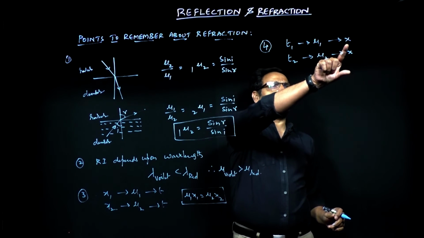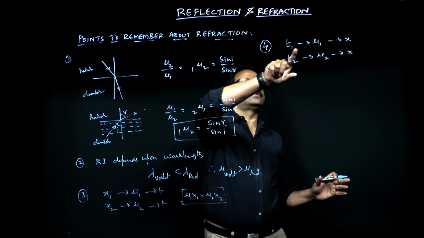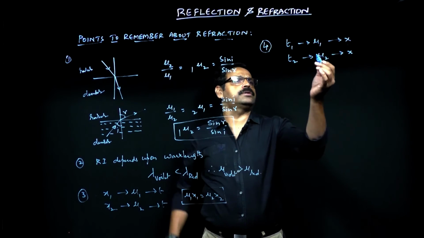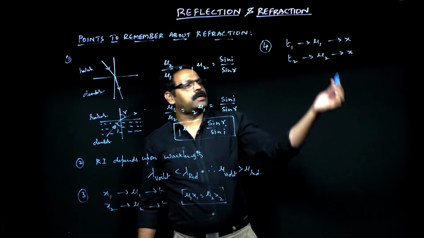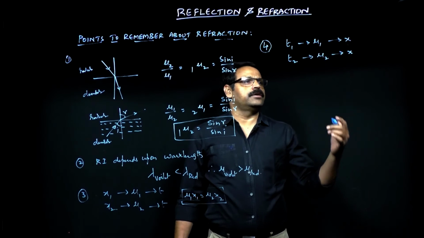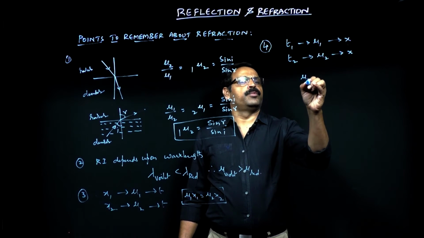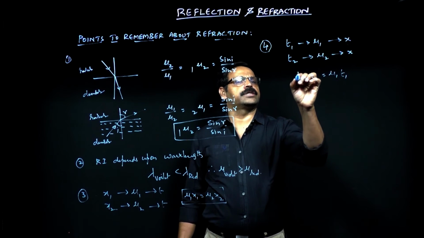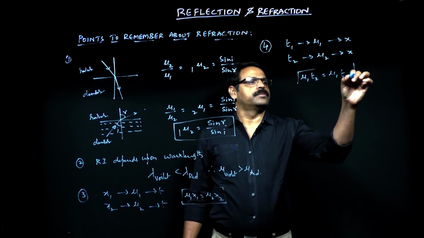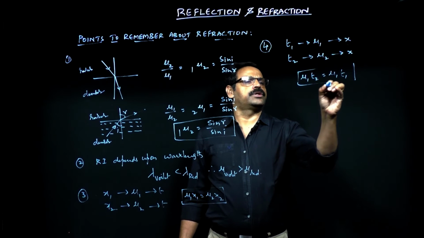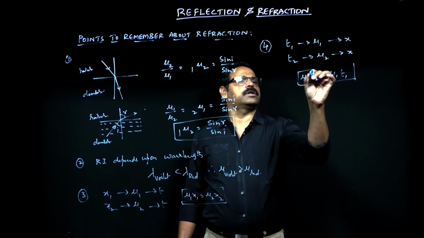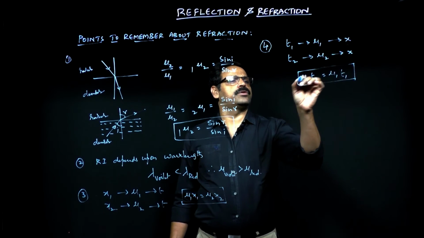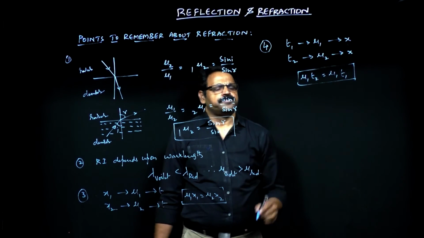That means if they travel the same distance, but the timings are different, definitely it is different because the refractive indices are different. The media are different. In such a case, mu1 t1 is equal to mu2 t2. This is the relation that holds good. So this is one more point you need to remember. These are all the manipulations from your basic equation, that is mu is equal to c naught by c.